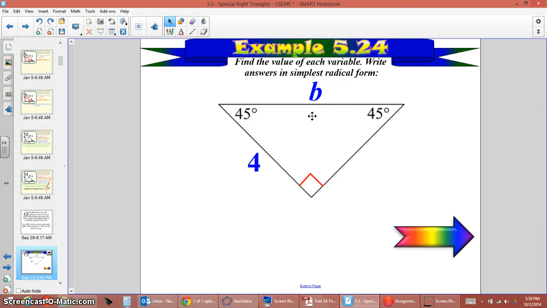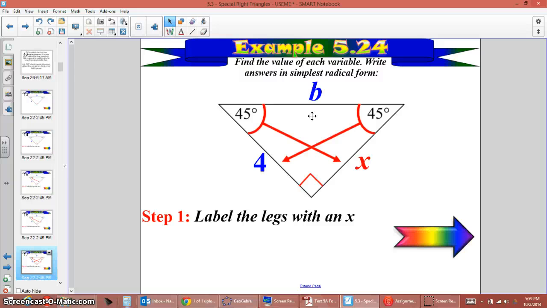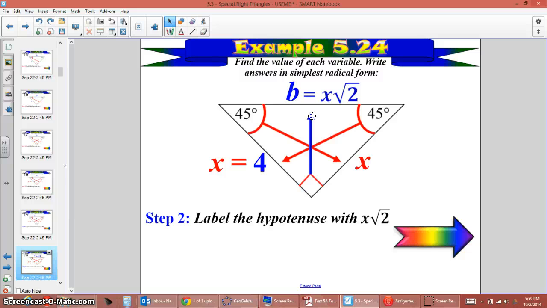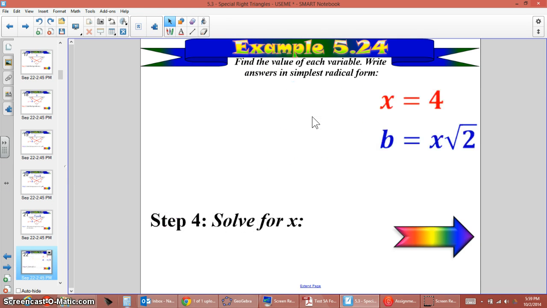But if you don't know that trick, then you're going to go ahead and set up your formulas. You're going to say the side across the 45 is x, the side across 45 is x, and the side across the 90 is x root 2. So now I've got 3 formulas. I say x equals 4 and b equals x times root 2.